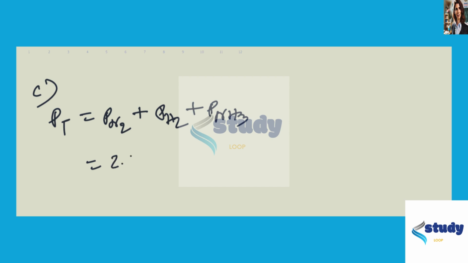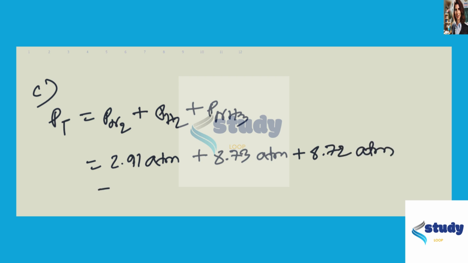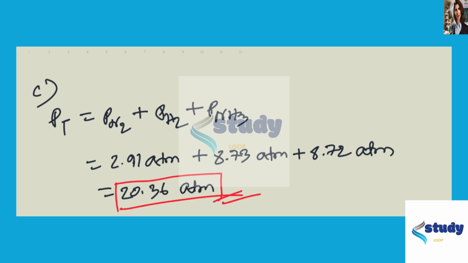If we plug in the values, for nitrogen it is 2.91 atm, for hydrogen it is 8.73 atm, and for ammonia it is 8.72 atm, and the total will be 20.36 atm. So this is the total pressure for the reaction.